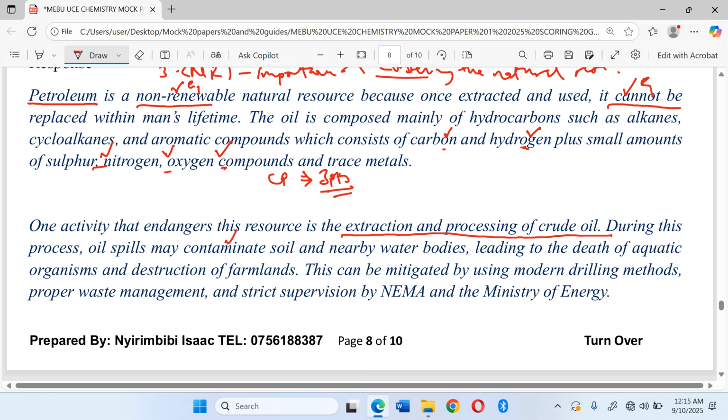They can contaminate soil, leading to death of aquatic organisms and destruction of farmlands. So what are we looking at here?